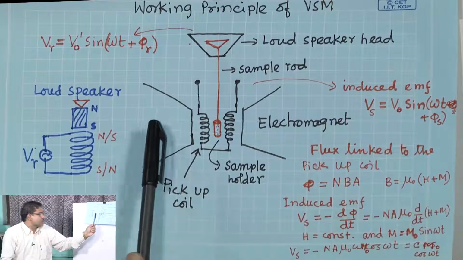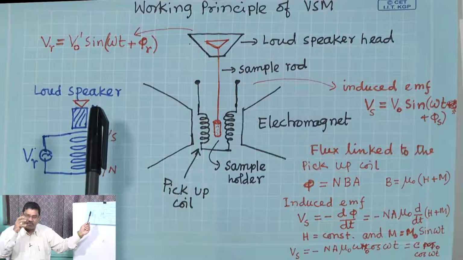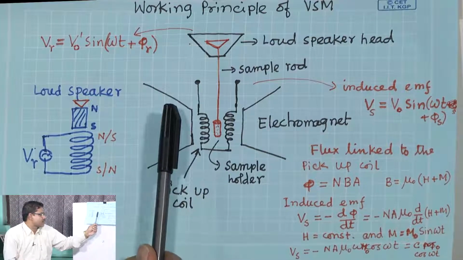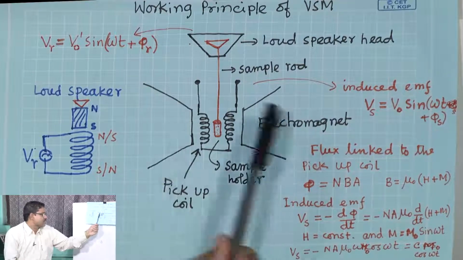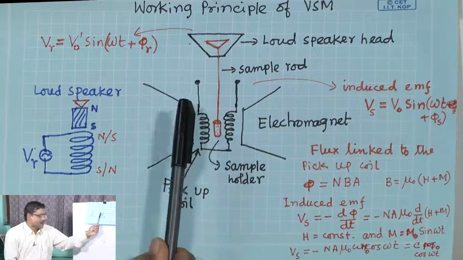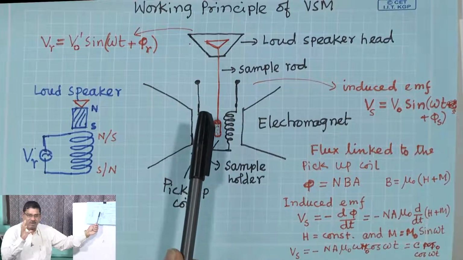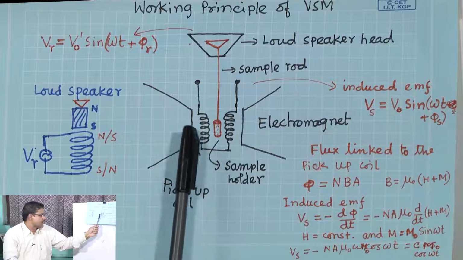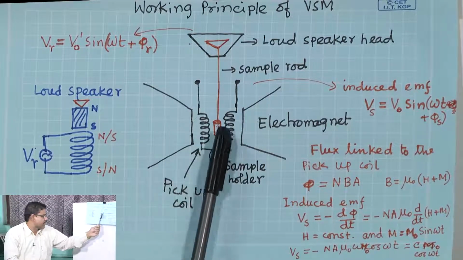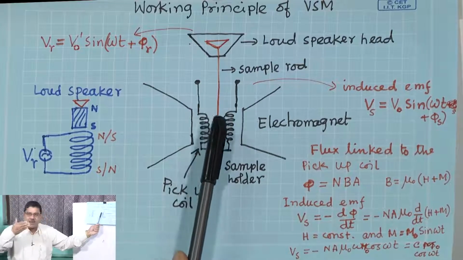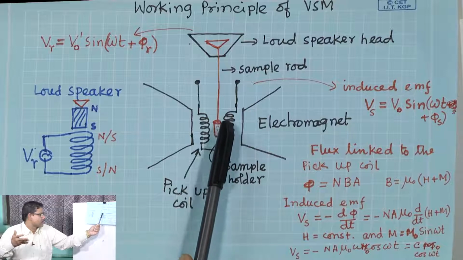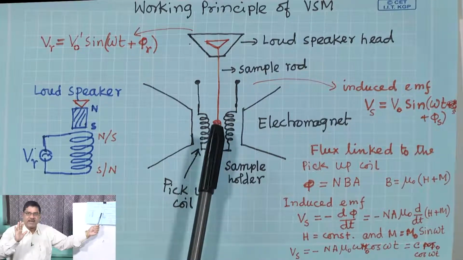And H also links flux with the coil. Since this is the electromagnet, all the time this flux is linked, and this electromagnet and these coils are fixed. So the flux due to this magnetic field H will not vary with time; it remains constant, independent of time.